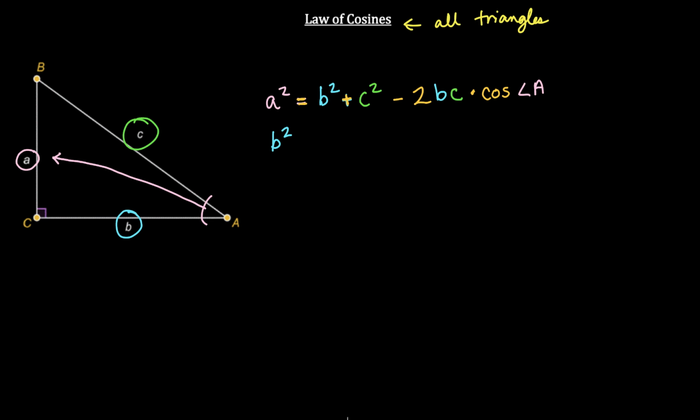B squared will equal A squared plus C squared, because that has to be the other ones, minus 2 times A times C, and then times cosine of angle B.